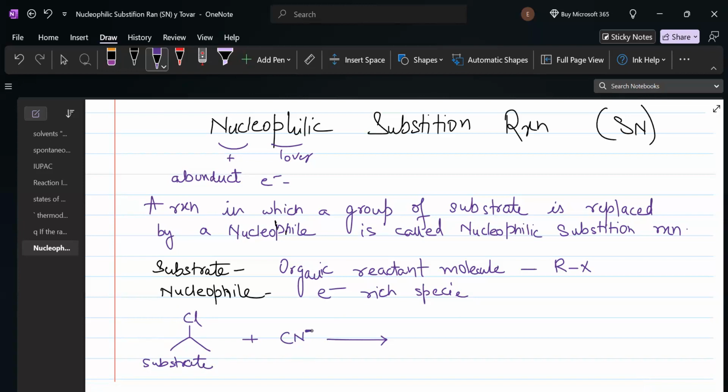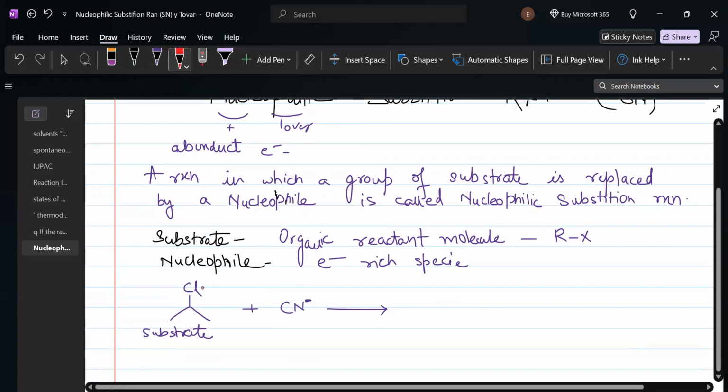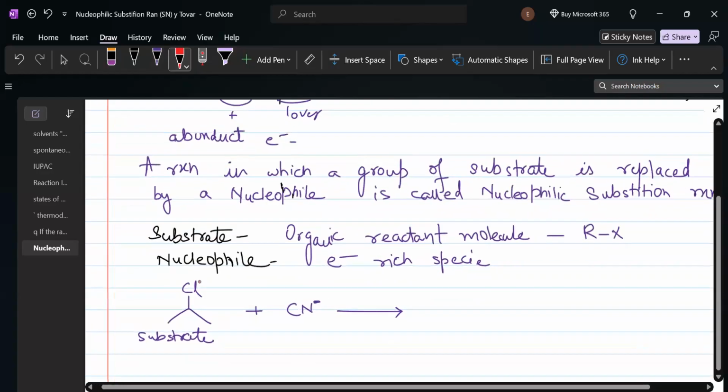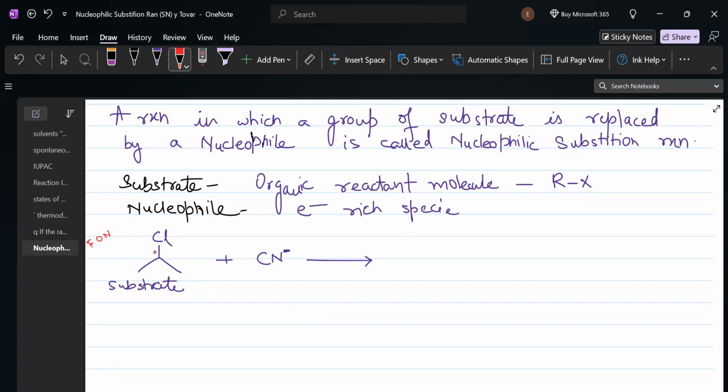And how will we understand where it will attack? You can understand it by this concept. This chlorine is a very electronegative atom, right? After fluorine, oxygen, and nitrogen, chlorine's electronegativity is at the 4th position in the periodic table.